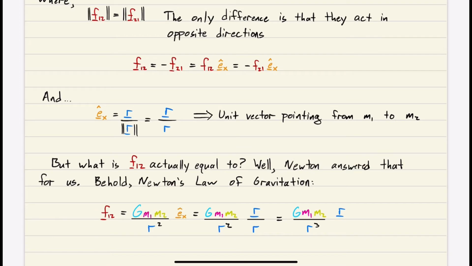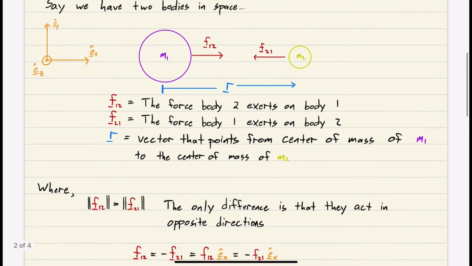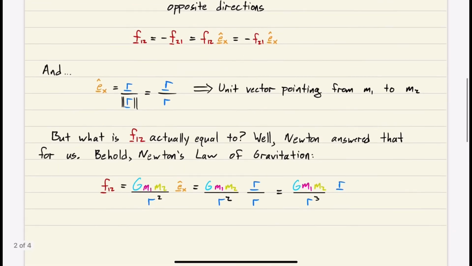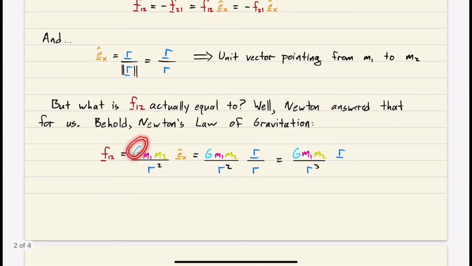F12, the force that body 2 exerts on body 1, is equal to G, and I'll talk about what G is in a second, times M1 M2, the mass of our first body and the mass of our second body, divided by the square of the distance between them, in the EX direction.